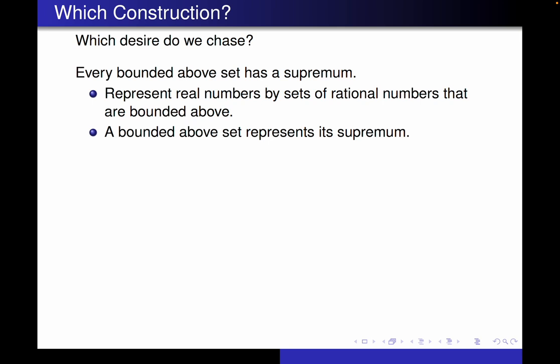So the bounded above set represents the real number that is its supremum. We wanted a supremum, so what we do is say, hey, the supremum of this bounded above set may or may not exist in the rational numbers, but I'm going to say the supremum is the number that is literally the set. So the set is literally the number that is its supremum.